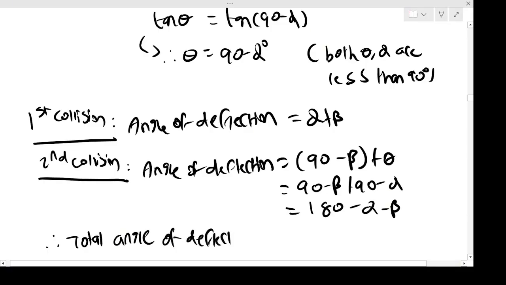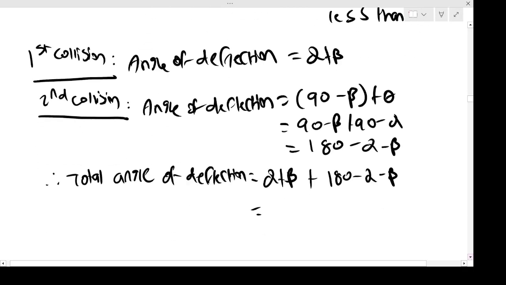In this case, it simplifies quite nicely. It's going to be the two angle deflections added together to get my total. So it's alpha plus beta from the first one, and then 180 take away alpha, take away beta from the second. And hopefully you can see it just goes to 180 because the alpha and betas cancel.